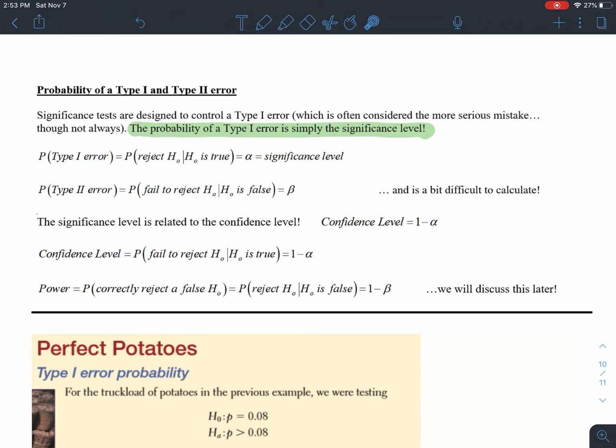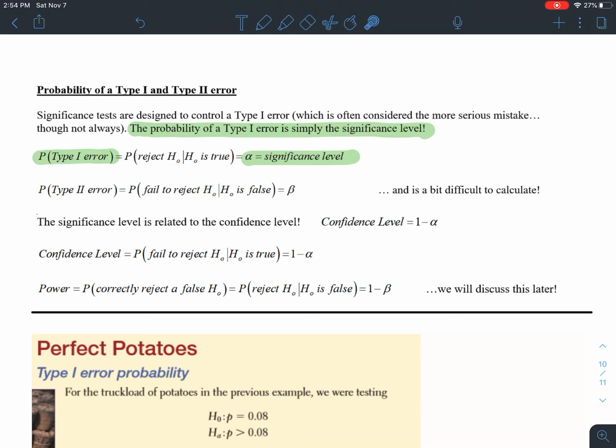The probability of doing that is actually just whatever your significance level is. So the probability of a type 1 error is just whatever your alpha level is. Given that the null hypothesis was true, the probability that you rejected it anyhow is always whatever your alpha level is.